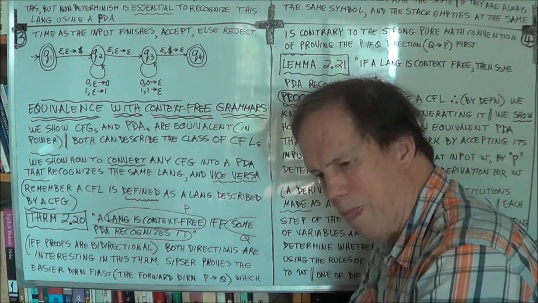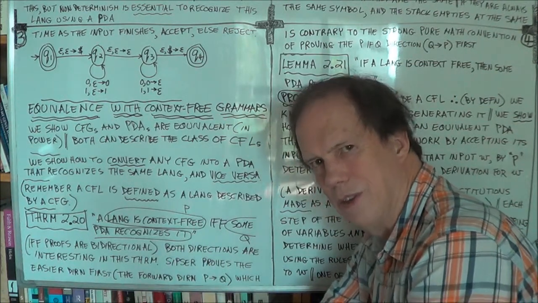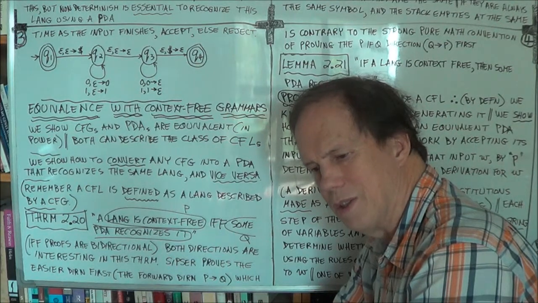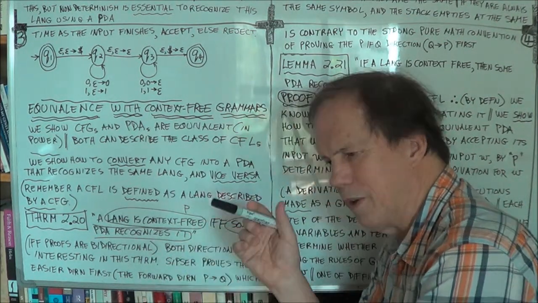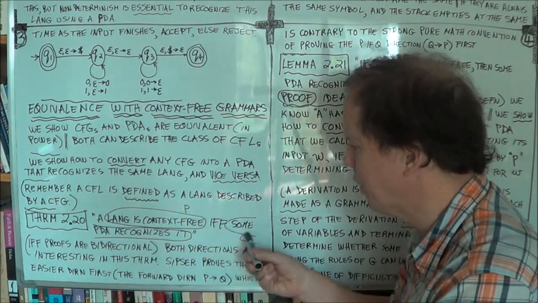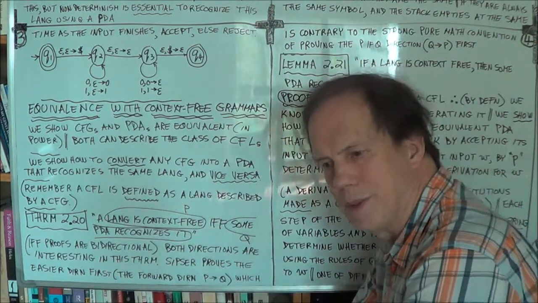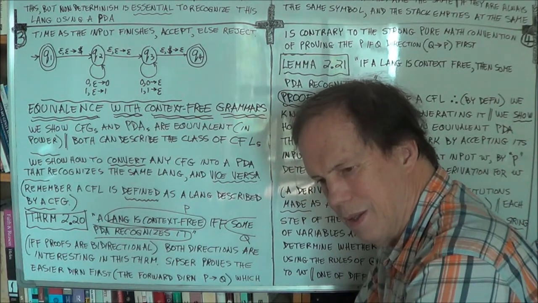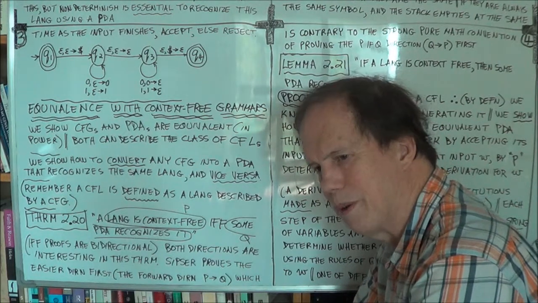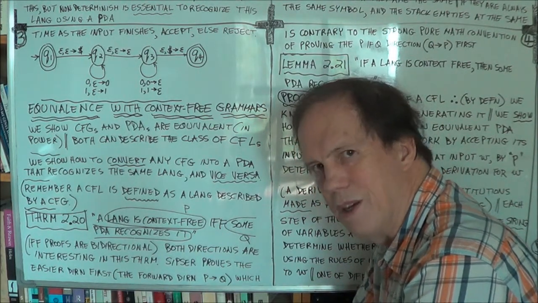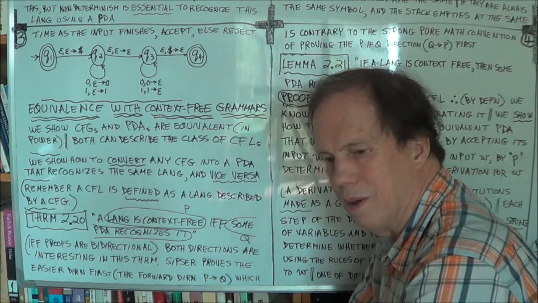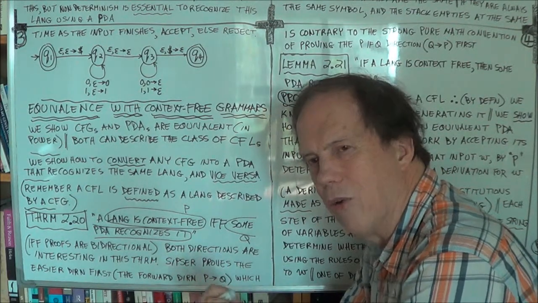When pure mathematicians see an if and only if proof, the strong convention is that it's the if first. So if you have a theorem statement of the form P if and only if Q, mathematicians will expect that the first part will be the if part. In other words, P if Q, which translates to Q arrow P.